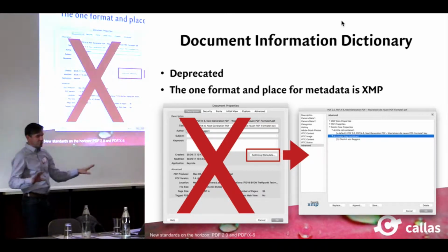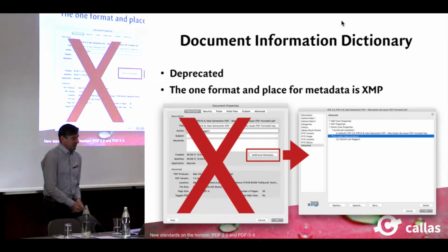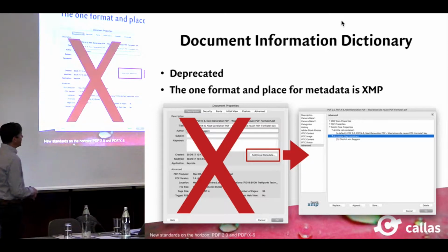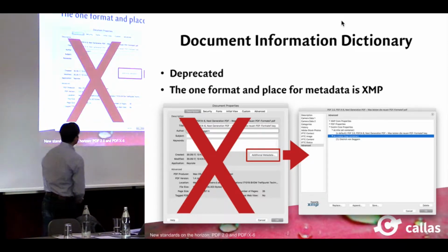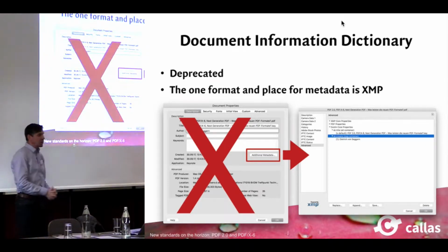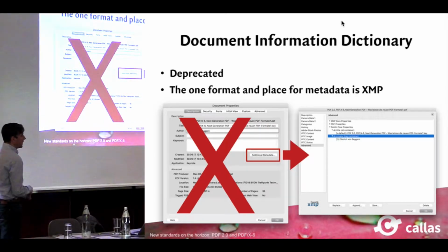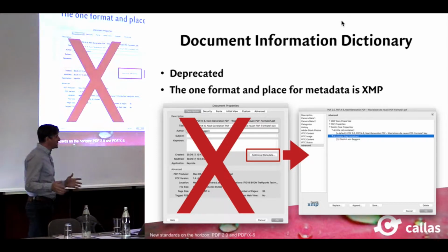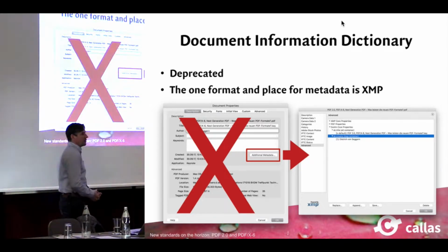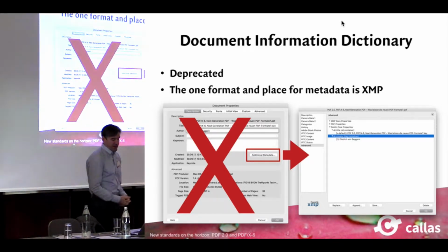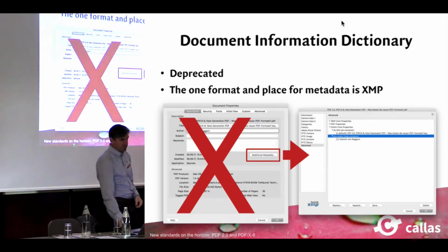If you have 2 areas where you may have the same metadata, of course this may create problems because they may not be in sync with each other. And then pdfToolbox simply says the old document information is going away, so that is deprecated. If it is used in a pdfToolbox file, it can be treated as private data, but usually it shouldn't be there. Okay?